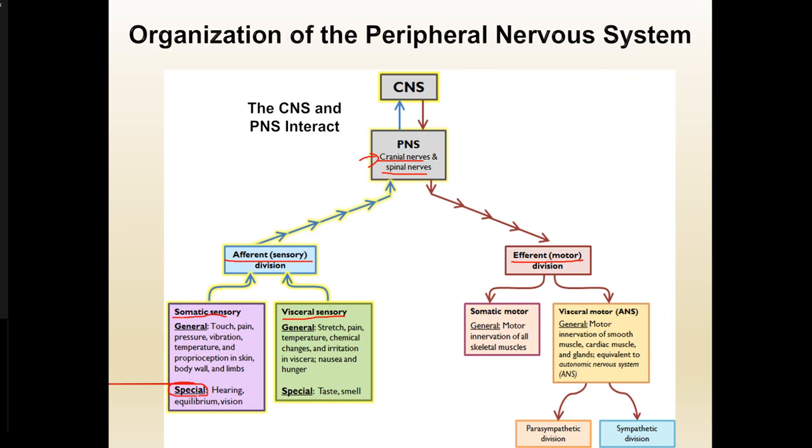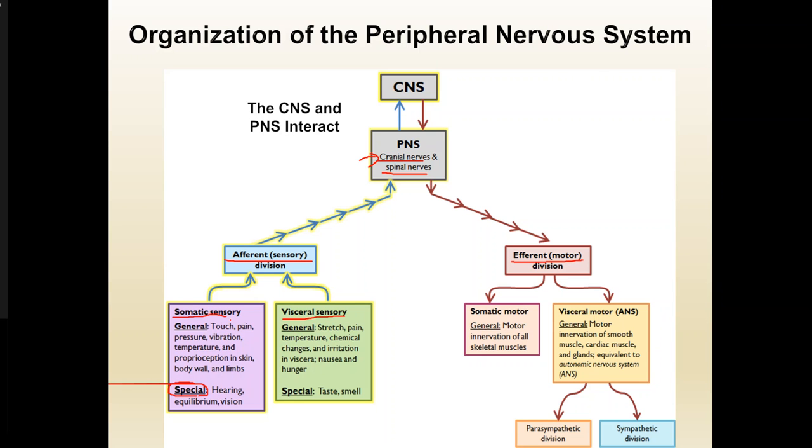So there is the general somatic sensory, which is your sensory pathway that transports signals of touch, pain, pressure, vibration, temperature, sensation you have in your skin, limbs. And your special consists in the sensory information from hearing, the equilibrium, and the vision.